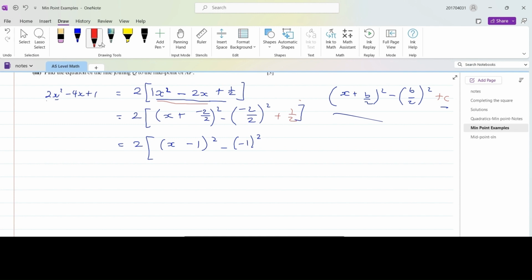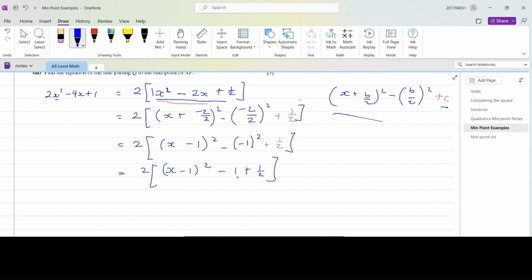Then we put back our plus 1 over 2 and close the bracket again. Now what's left to do is to continue to simplify until we have the expression in its simplest form. Negative 1 squared is simply 1, then plus this 1 over 2.